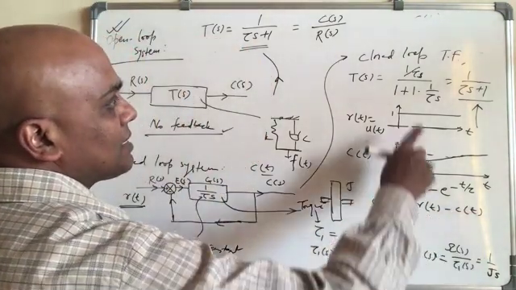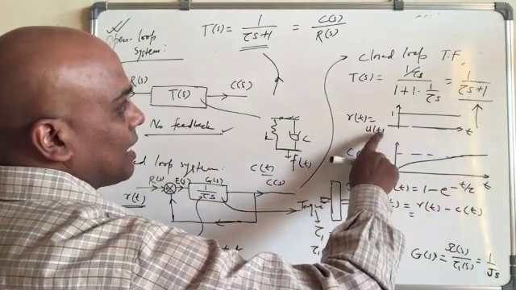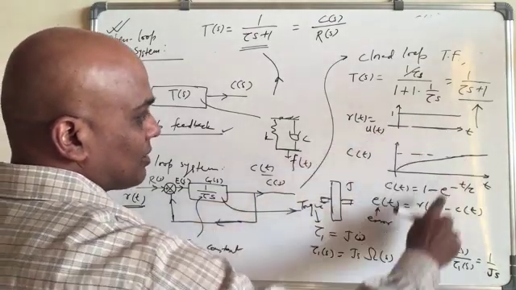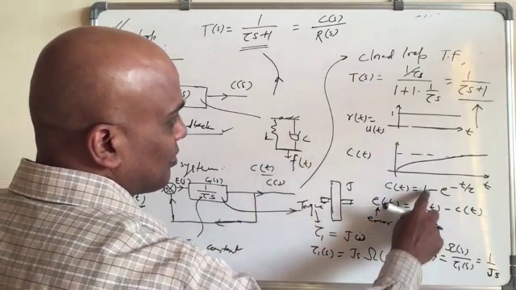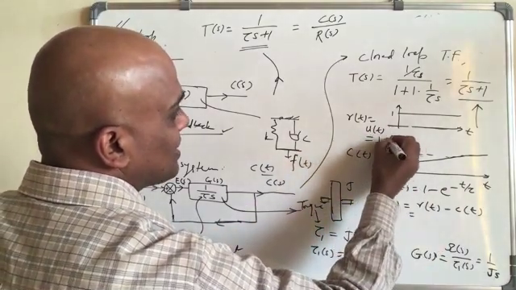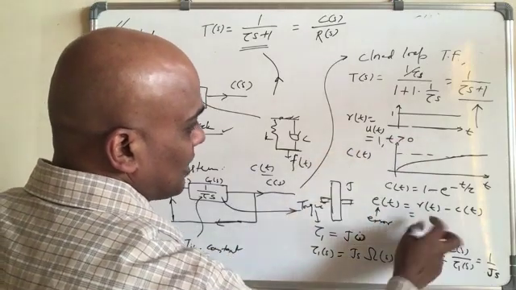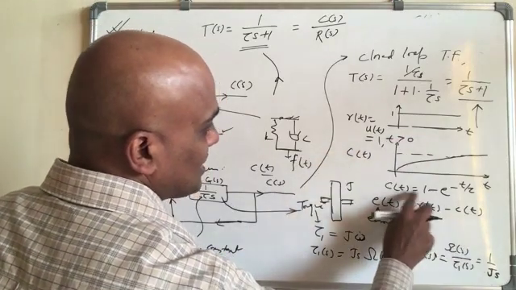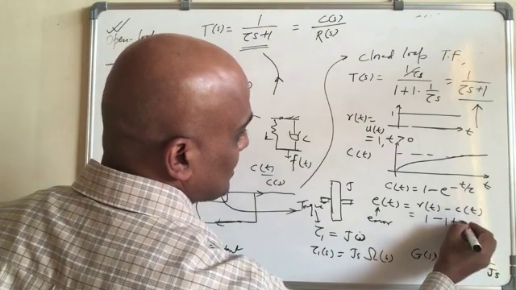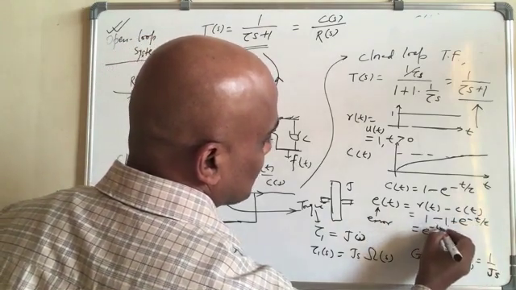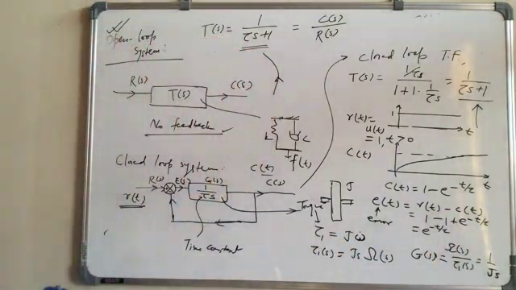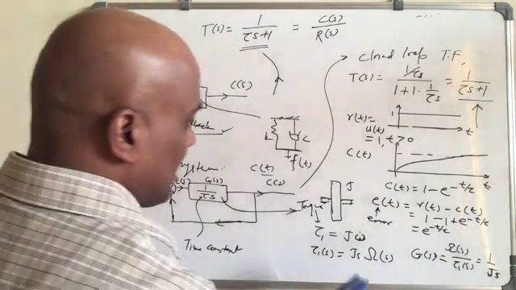So Rt is 1, Rt equal to Ut basically, so equal to 1 for t more than 0. So equal to 1 minus Ct, that is 1 minus 1 plus e to the power minus t over tau, which is equal to e to the power minus t over tau. Right? Okay.